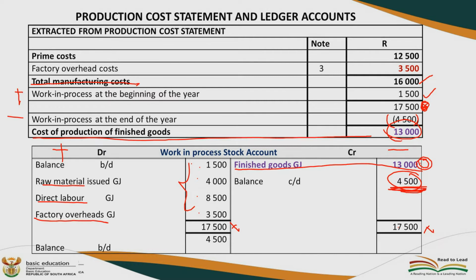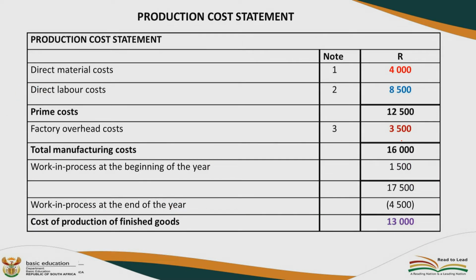All right. I know right now in your minds you're thinking, can I see this now on one form? Okay? Here is how it will appear now when it's all complete. Your production cost statement starts with your direct materials, direct labor, and you add them, you get prime cost. And then you bring your factory overheads, you get total manufacturing cost.